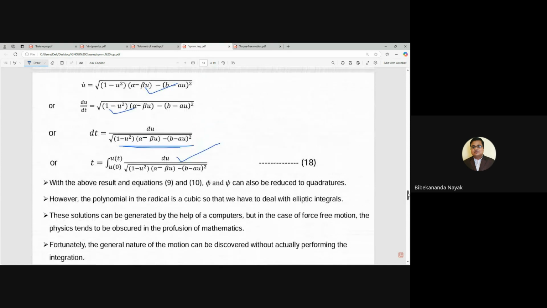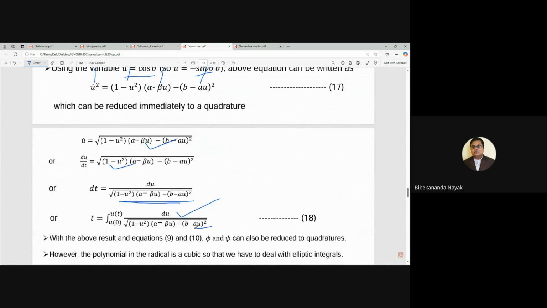If you multiply, what is inside the square root? If you multiply, you find the highest power of u is cube, from beta u multiplied with u square.